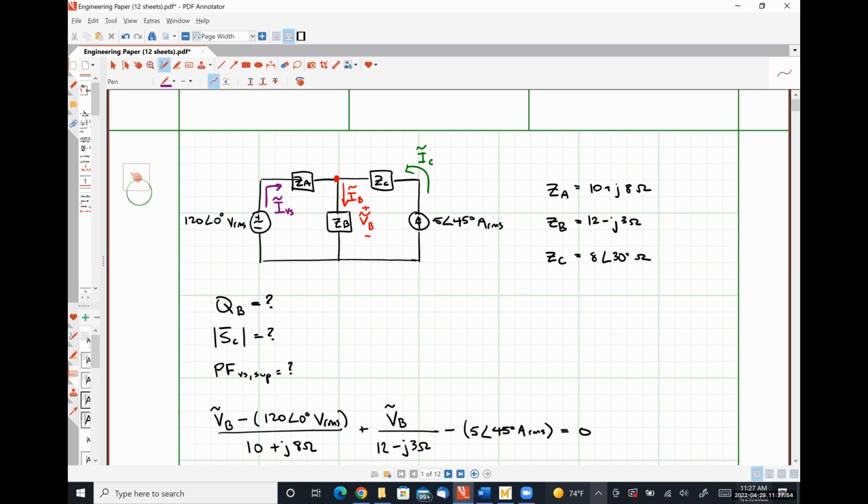Or we could simply use Ohm's law, which was the second suggestion Noah had, where we could say simply that 120 minus VB over ZA is equal to IVS. Both of those methods literally wind up doing the exact same thing because they really represent two different ways of looking at the problem, right? So I'm going to use the Ohm's law representation here real quick.